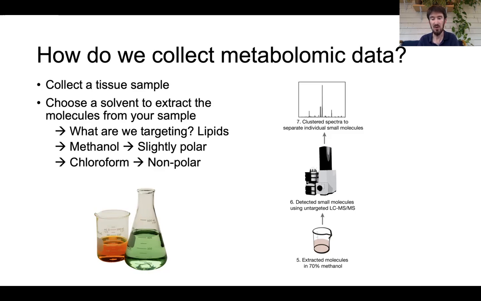And so if you look on the right, number 5 is this notion that you've extracted your molecules. You then use something called an LC-MS-MS. So that's liquid chromatography, which spreads out your molecules, followed by 2 mass specs. So we call this tandem mass spectrometry. The first mass spec detects individual molecules that hit the detector, and it detects the entire molecule.